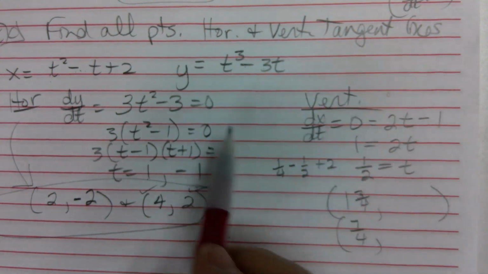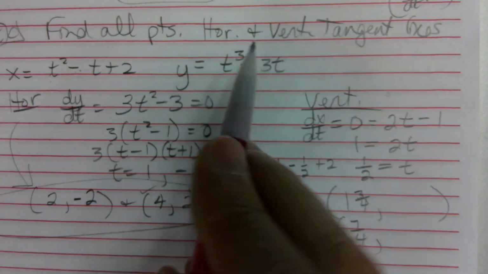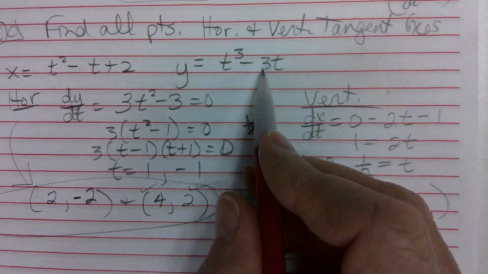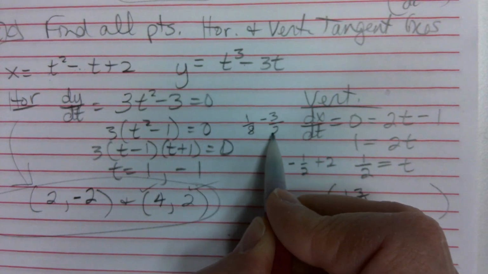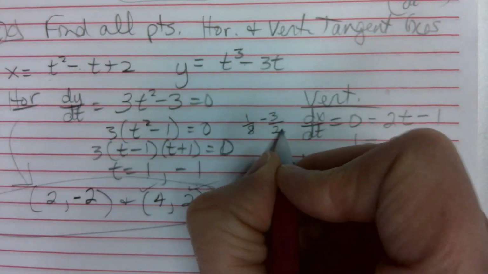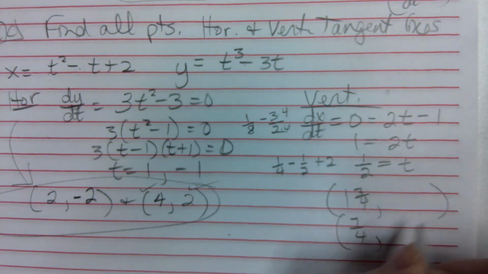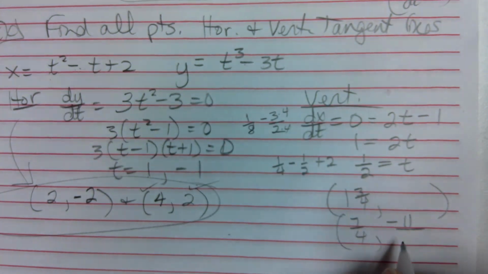And the y value would be 1/2 cubed, 1/8, minus 3 times 1/2, 3/2. Times 4, 1 minus 12 would be negative 11/8.